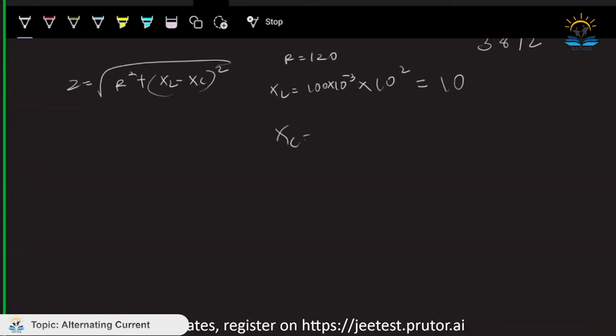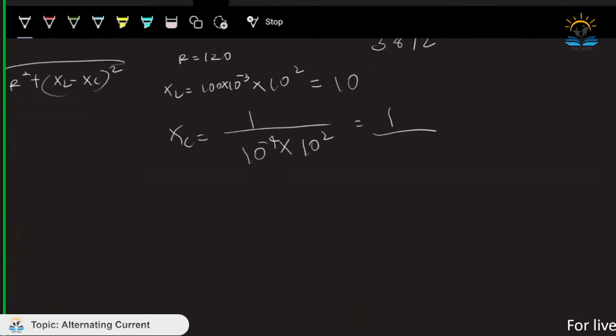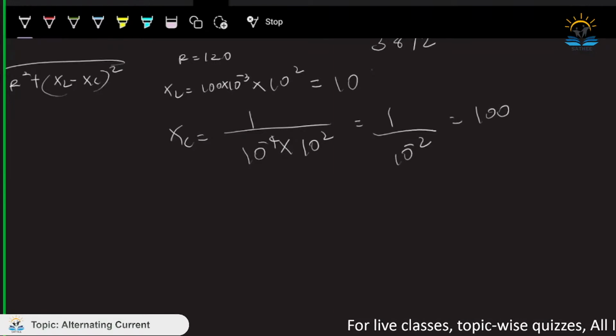And XC is 1 by C omega, and C is 100 microfarad, so 100 into 10 raised to minus 6, which is 10 raised to minus 4. Omega is 10 raised to 2. So 1 by 10 raised to minus 4 into 10 raised to 2, 10 raised to minus 2, that is 100. So XC is 100.